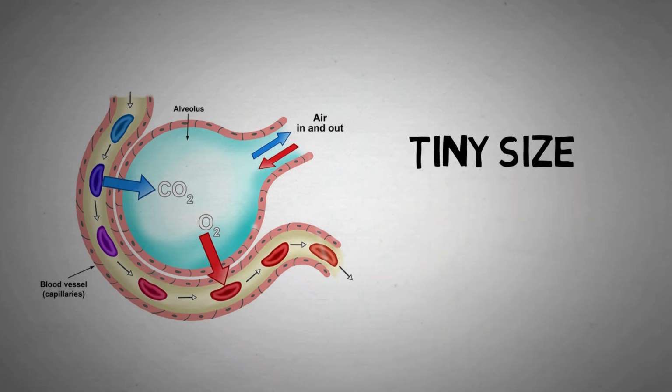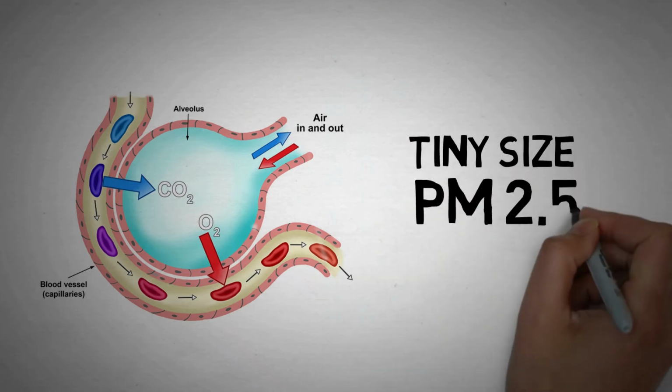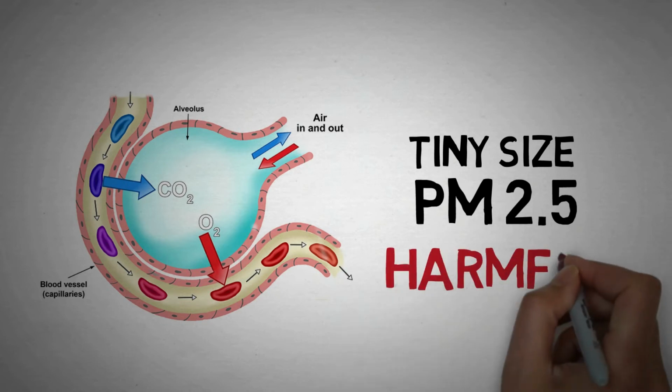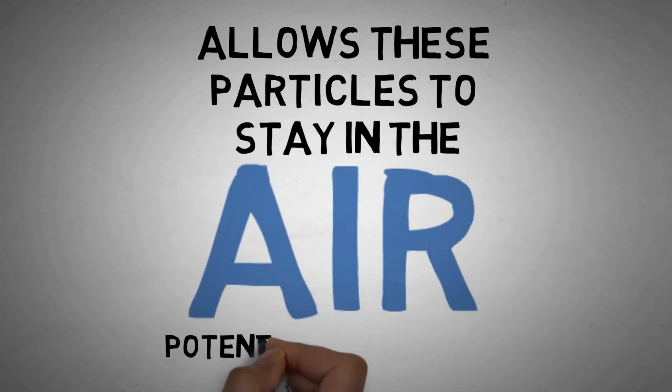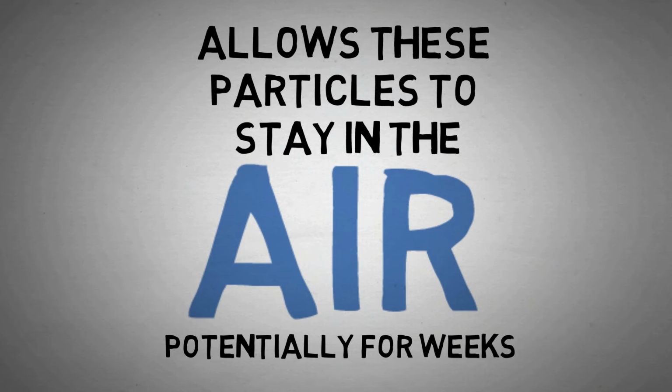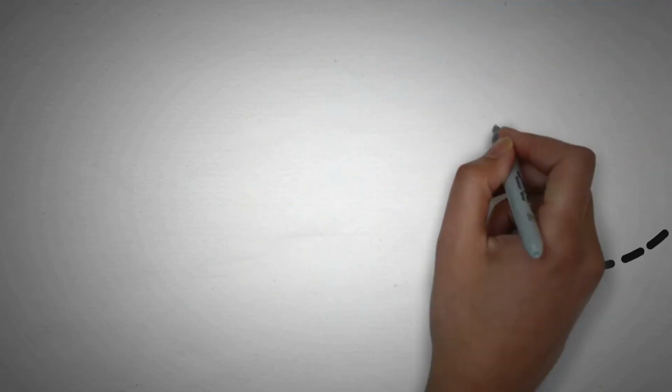The tiny size of PM2.5 particles not only makes them harmful from a physiological perspective, but also allows these particles to stay in the air potentially for weeks and to travel hundreds or thousands of kilometers.